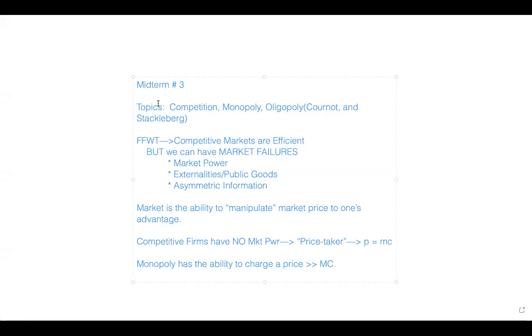Earning profits that are greater than a competitive firm would earn. But it turns out the way that the monopolist earns those profits actually does cause inefficiency. And that's what we want to focus on.